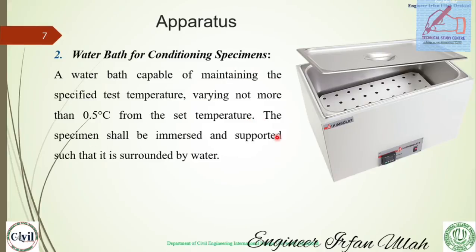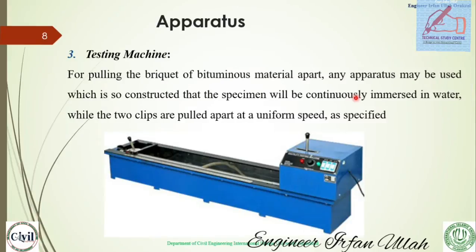The specimen should be immersed and supported such that it is surrounded by water. It should not be placed on the bottom, where the sample is not surrounded from all sides. It should be set in the middle of the water bath.